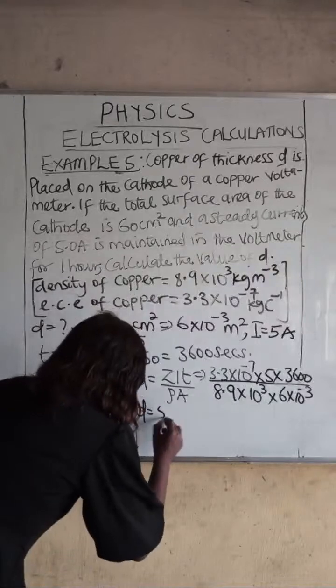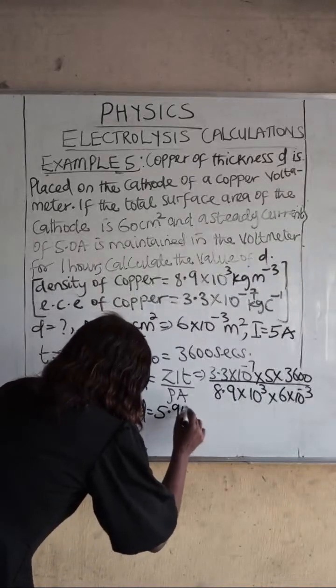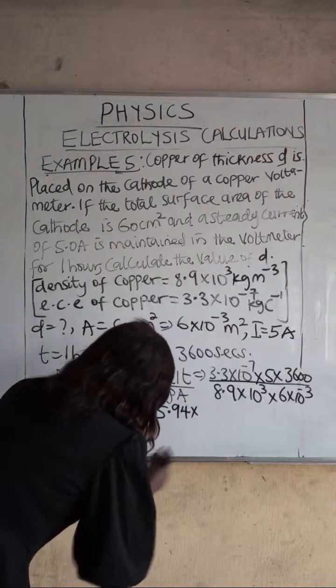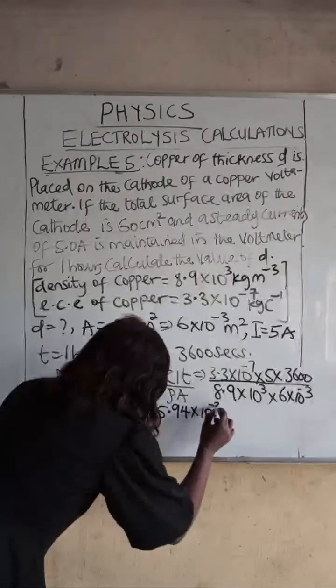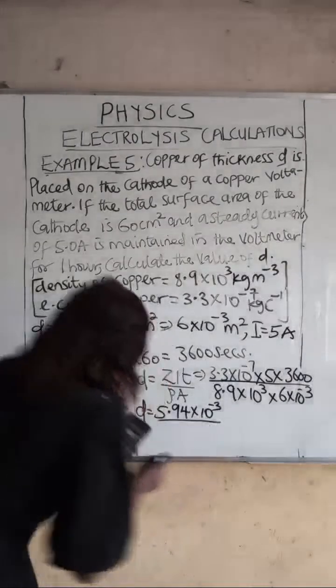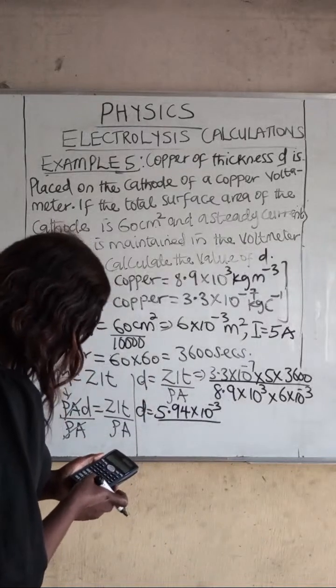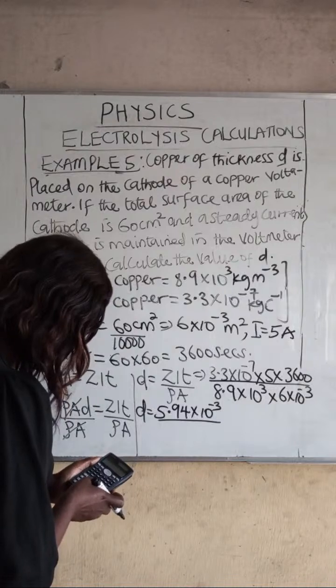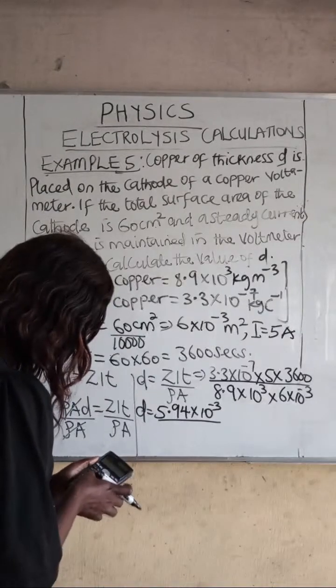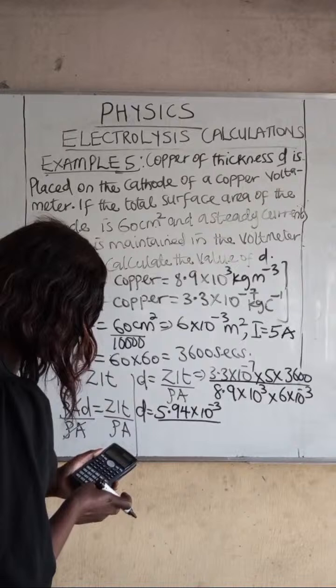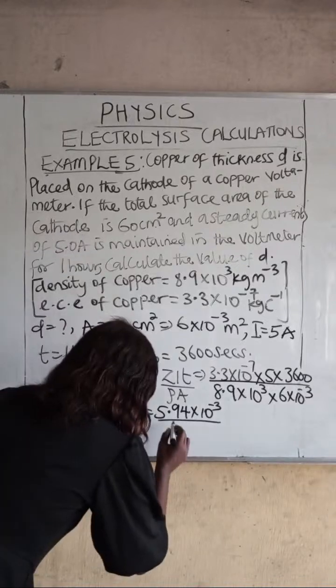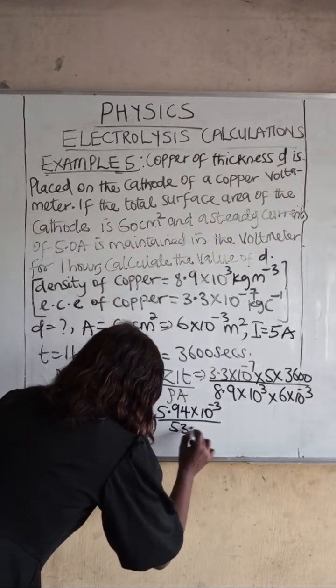So we have 5.94 times 10 raised to the power of what? Minus 3. Then divided by this, 8.9 exponent 3 times 6 exponent minus 3. Okay? I have 53.4.